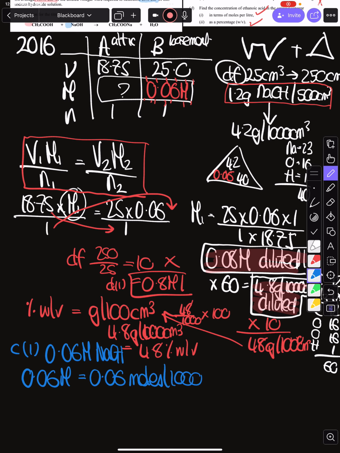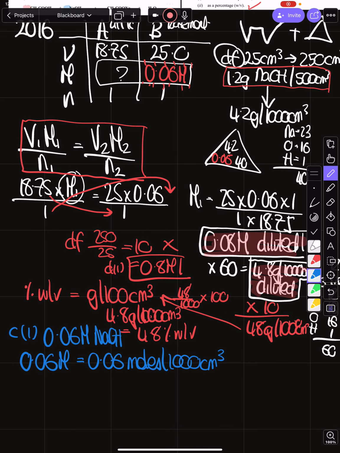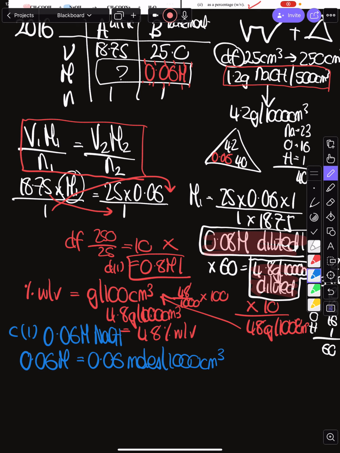If I wish to find it, what is my N value? I would literally have to do my first principle maths, or you recognize how many times 25 goes into 1,000. But I'm kind of old school, so 0.06 divided by 1,000, which is what we would have done in our first principle maths, and now I multiply it by 25, and when I have done that, I get 1.5 by 10 to the minus 3 moles in 25 centimetres cubed.